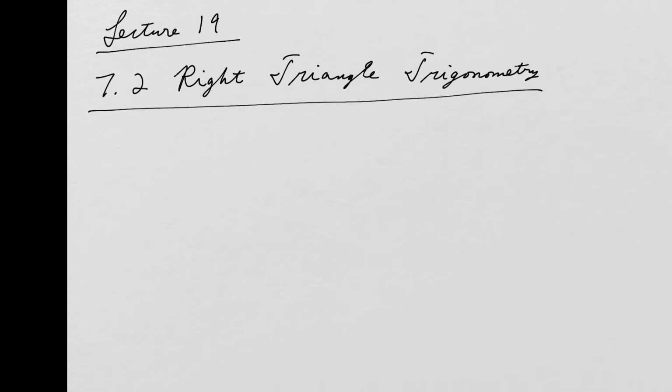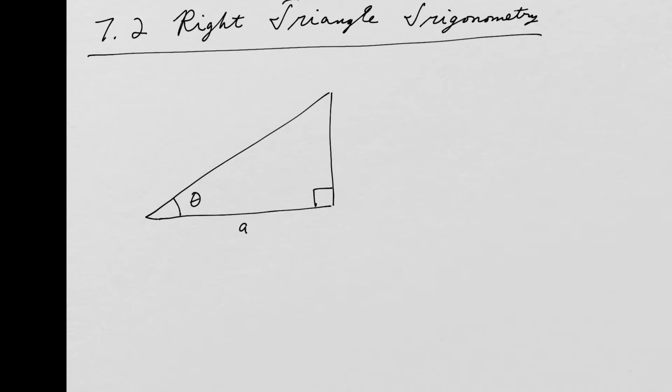So we have a right triangle. So this is the right angle, right? 90-degree angle. Let's say this is my angle theta. And my sides are, I'll call this A, one leg B, and the hypotenuse C. So relative to that angle theta, A is the adjacent side.